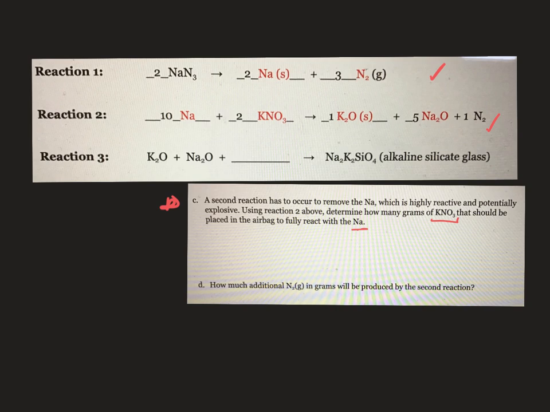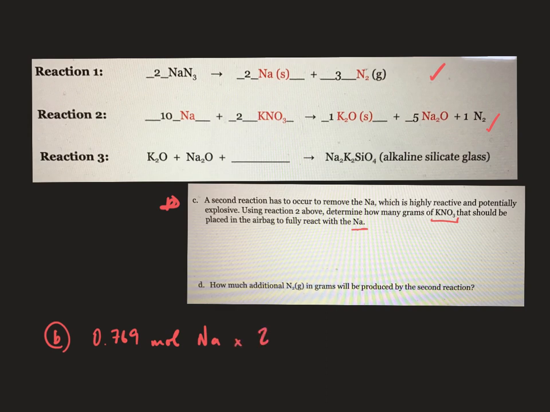Okay, so from the B part, there was actually a mole amount of sodium produced, 0.69 moles of Na. Now, to figure out how much potassium nitrate you need, you have to work with the mole ratio of potassium nitrate to the moles of sodium in reaction 2.